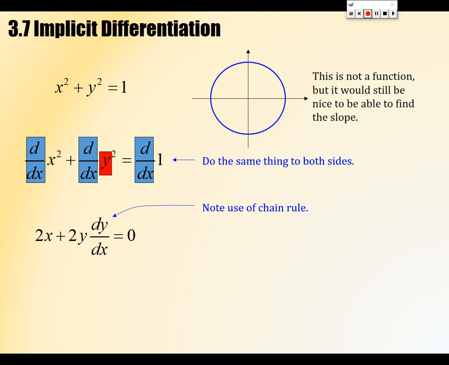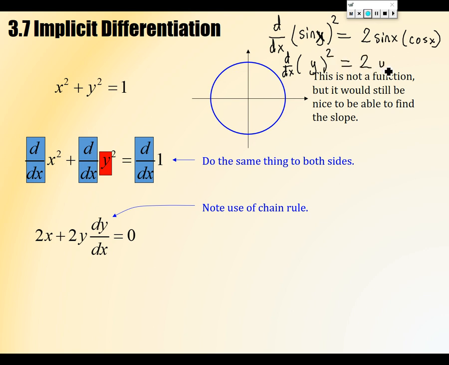It's exactly as if someone was asking you to take the derivative of sine x squared with respect to x, right? You'd be like, well, it's 2 sine x times the derivative of that, which is cosine x, right? So it's the same thing. We're just saying that we've got some function, so 2y, y prime, right?